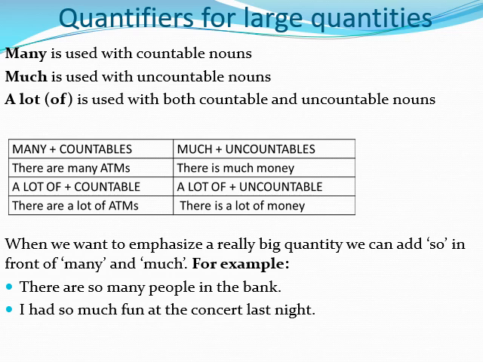A lot of can also be used with uncountable. There's a lot of money. When we want to emphasize a really big quantity, we can also add so in front of many or much. For example, there are so many people in the bank, right? That's countable, many. I had so much fun at the concert last night. Uncountable. You cannot count fun, but if you add so much, there was a lot of fun.